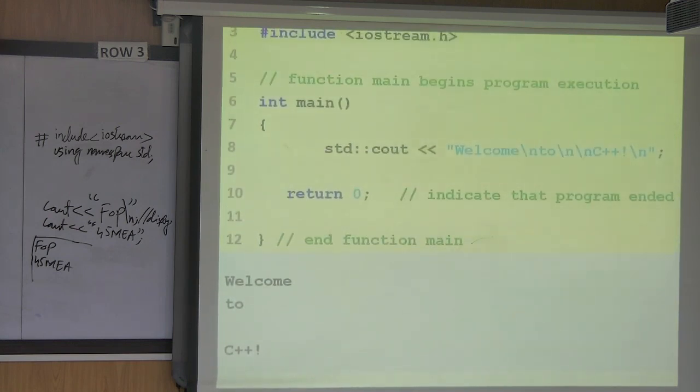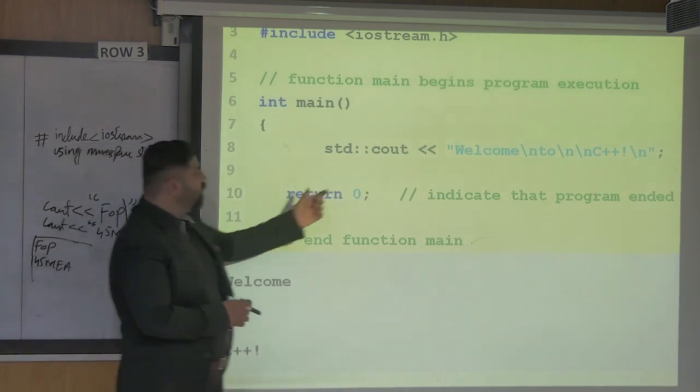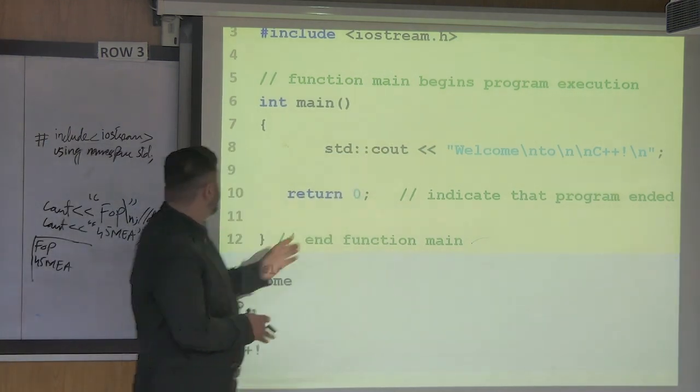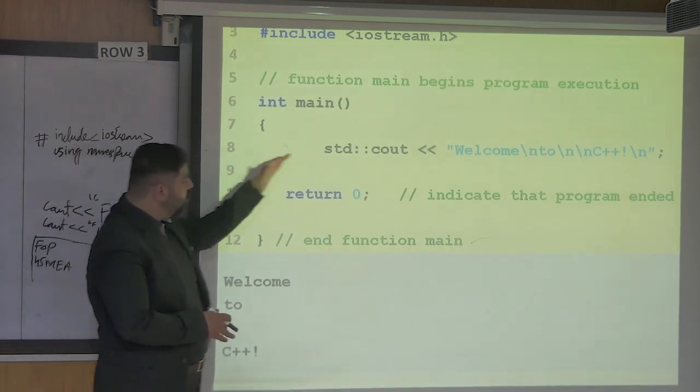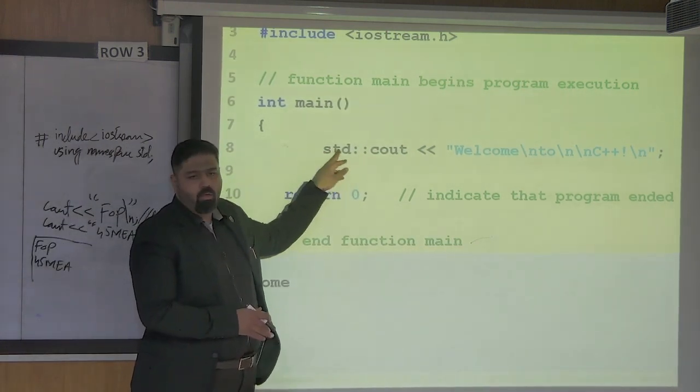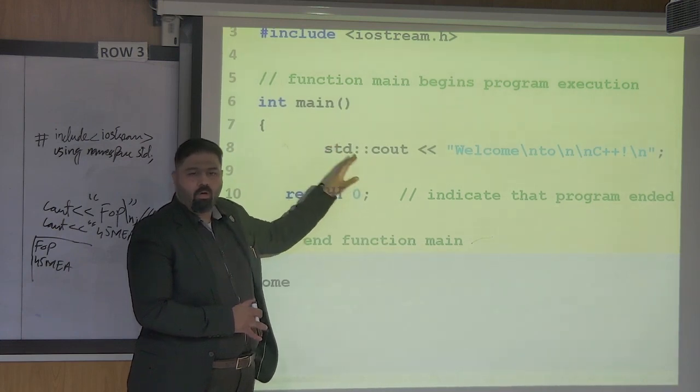अगर आप एक चीज मैं आपको बता दूं, cout के साथ अगर आप ऊपर using namespace std नहीं लिखेंगे तो हर cout के साथ आपको ये काम करना पड़ेगा. You have to write std double colon cout.